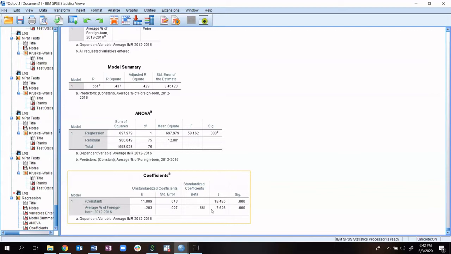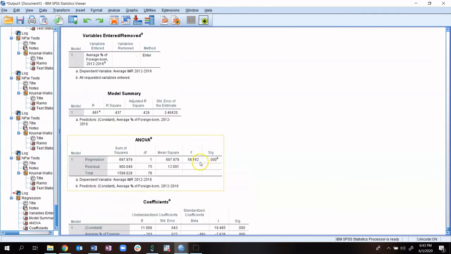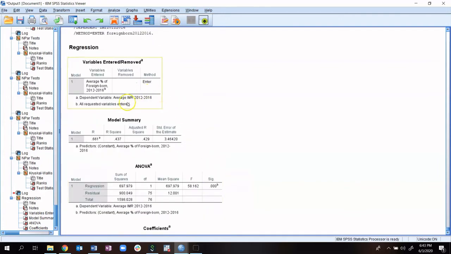It is significant at the 0.001 level. So we have a probability of less than 0.001 that these results were achieved by chance. Meaning we have pretty good evidence that this is a legitimate relationship that we are documenting here. So that's how you interpret it. Remember, variables entered/removed, we don't worry a whole lot about.